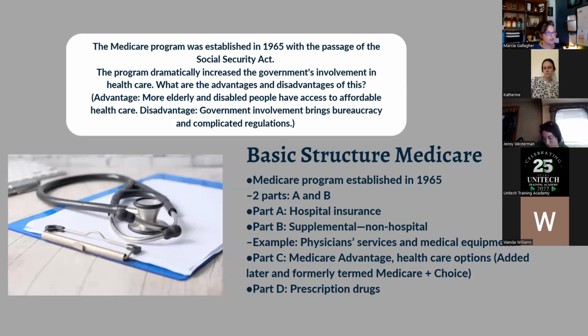The basic structure of Medicare is Part A and Part B. Part A is hospital insurance. Part B is supplemental, non-hospital. These are just quick things, guys. We're going to go into more detail in just a minute. Part B, for example, covers physician services and medical equipment.